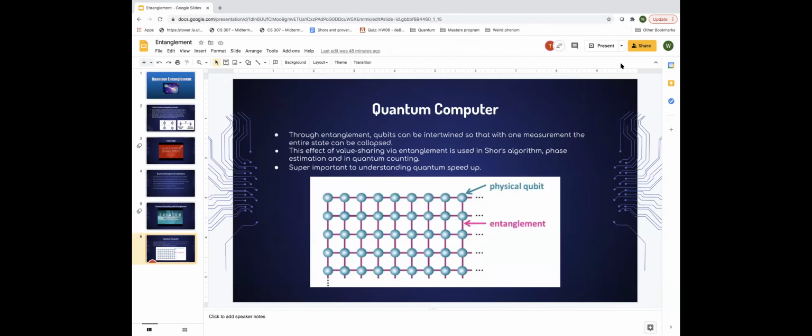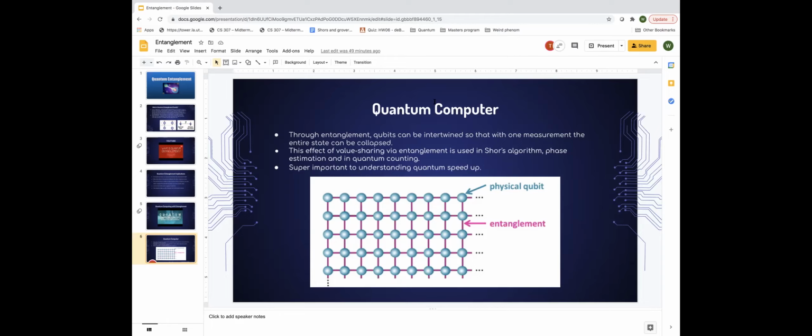Yeah. So anyway, sorry, Teddy. But I just had one last slide, so you got to the most of it. It was just pretty much that a quantum computer can take advantage of this entangled property by taking qubits and intertwining them so that one measurement can collapse the entire state. And through a singular action, you can affect the entire state of qubits.